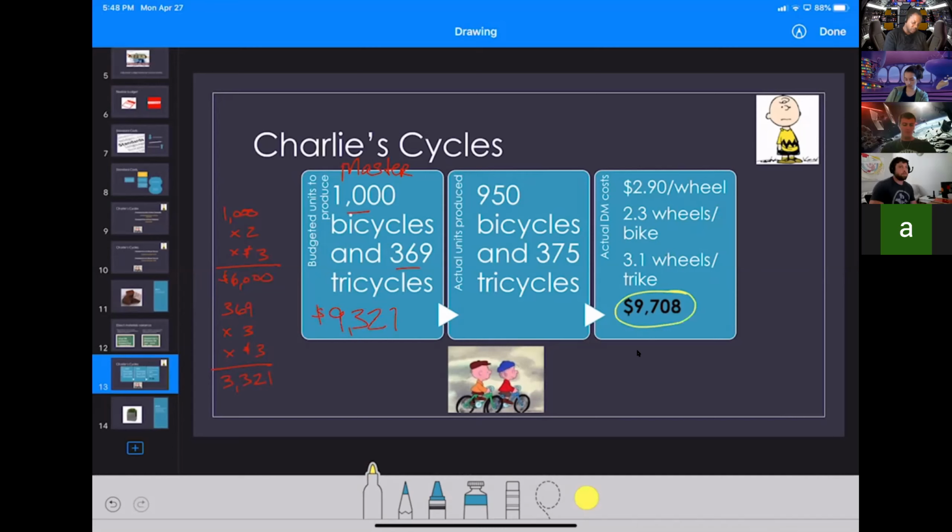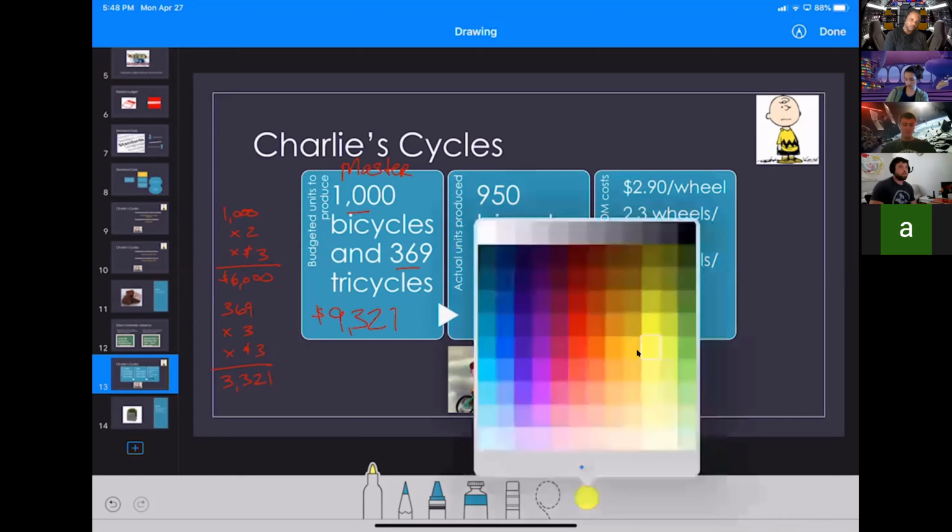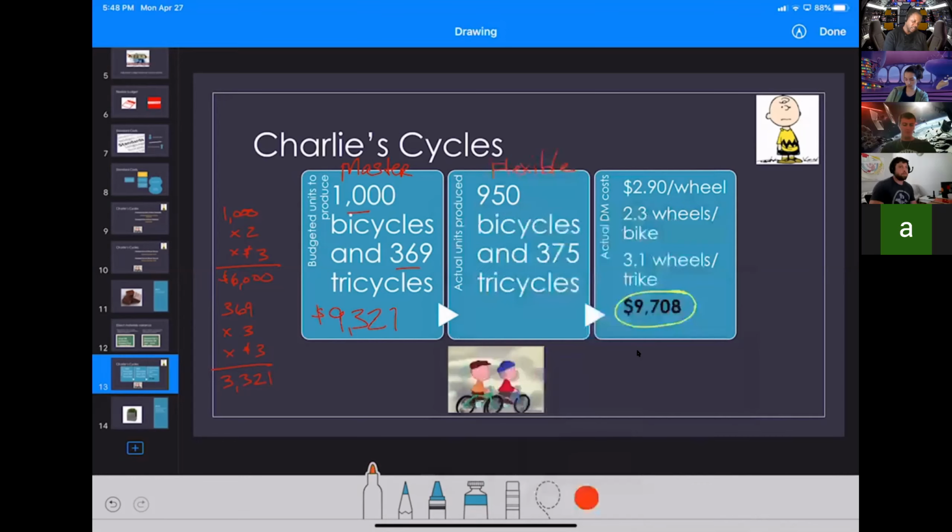Our variance, let's first do our flexible budget. And remember, the question we're asking ourselves here is, had we assumed that our flexible budget was 950 bicycles and 375 tricycles, what would we expect to have spent?